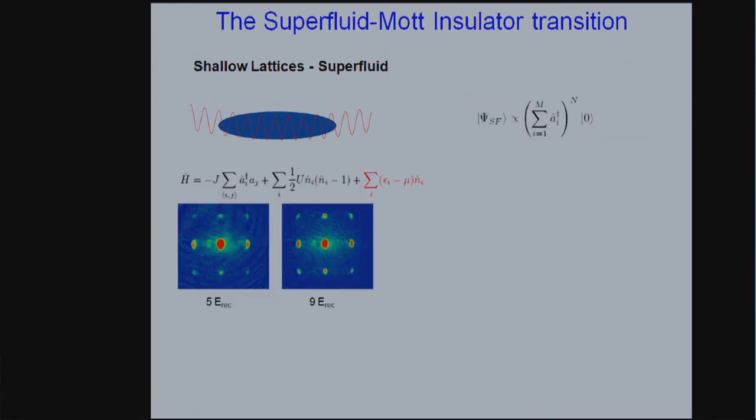Often you observe the transition by taking the system and releasing it in time of flight into ballistic expansion. If the superfluid is coherent, the wave function on the different sites is coherent, and what you get is a multi-slit interference pattern, which is a diffraction pattern, and you see these characteristic diffraction patterns. It's an n-slit diffraction pattern which characterizes the coherence in the initial state.